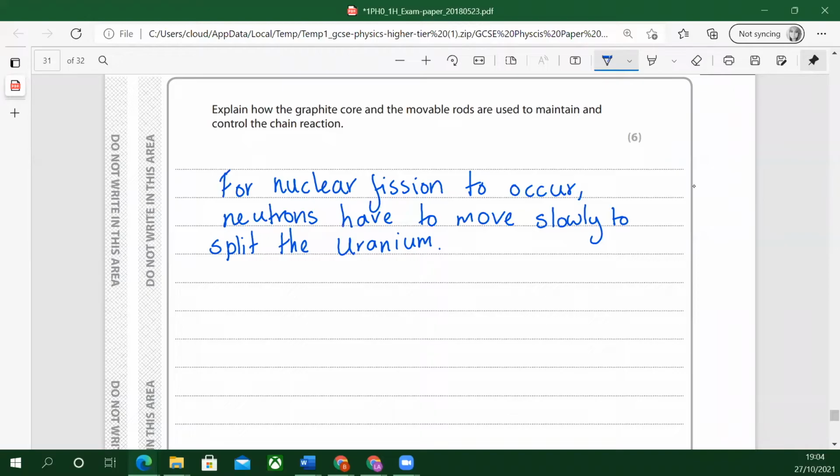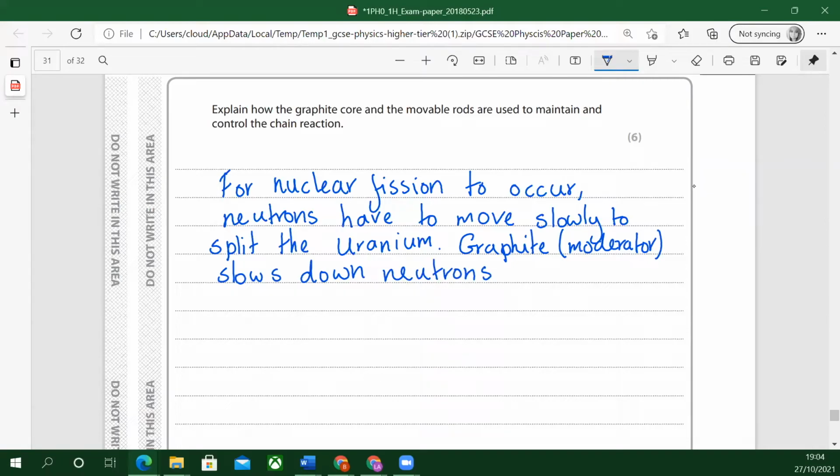Let's have a look at the moderator first. Graphite, the moderator, slows down neutrons for this reaction to occur. The moderator doesn't move, it stays in there.